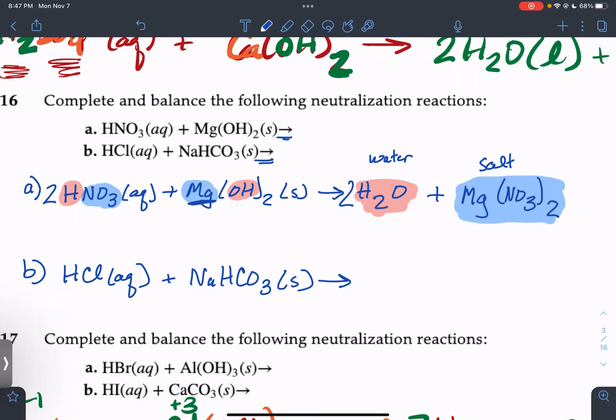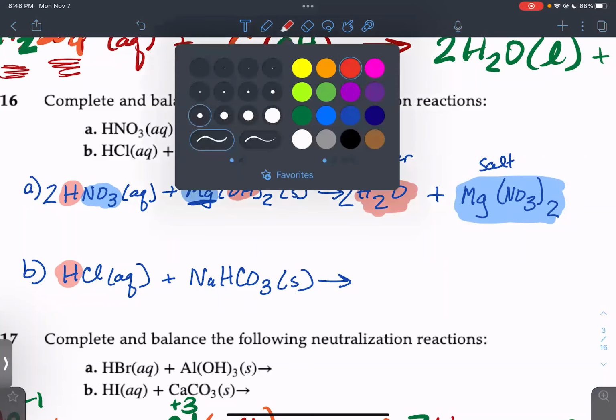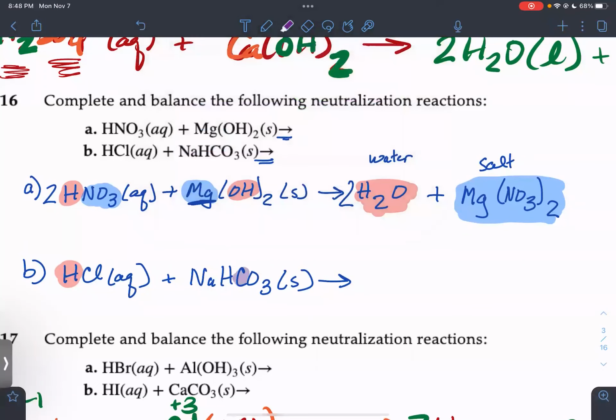So if we look here, what's going to happen is that we are going to take a hydrogen from the chlorine. We're going to make something else. Here you got to go, wait a minute, I can't just make water. Something else is going to be made. Well, I have this carbon containing substance here.